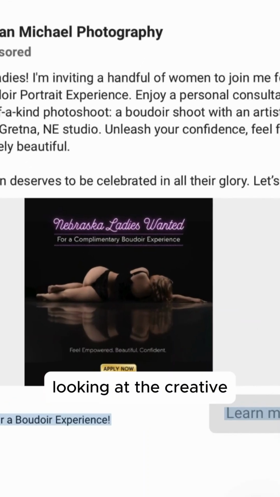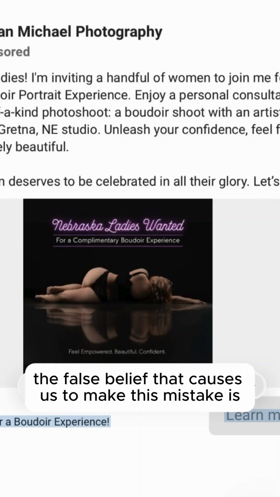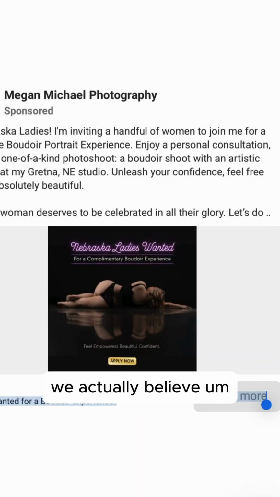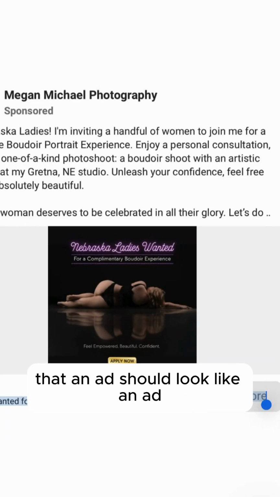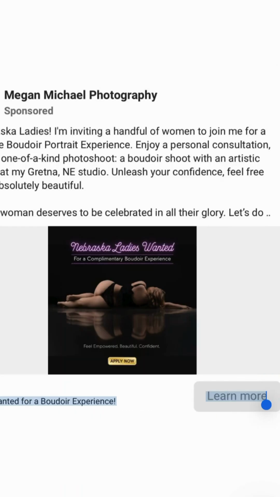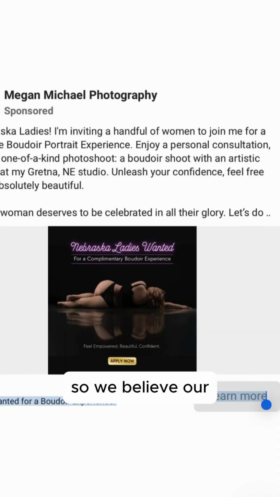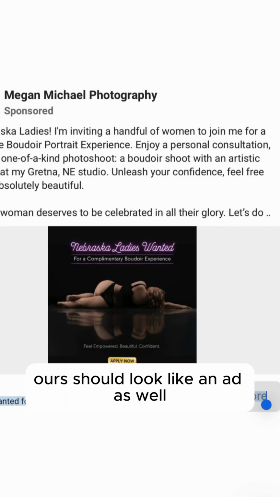Finally, looking at the creative, we got the looks like an ad mistake. The false belief that causes us to make this mistake is we actually believe that an ad should look like an ad because other Facebook ads we've seen look like ads, other Boudoir Facebook ads, other ads on Facebook, and so we believe ours should look like an ad as well.